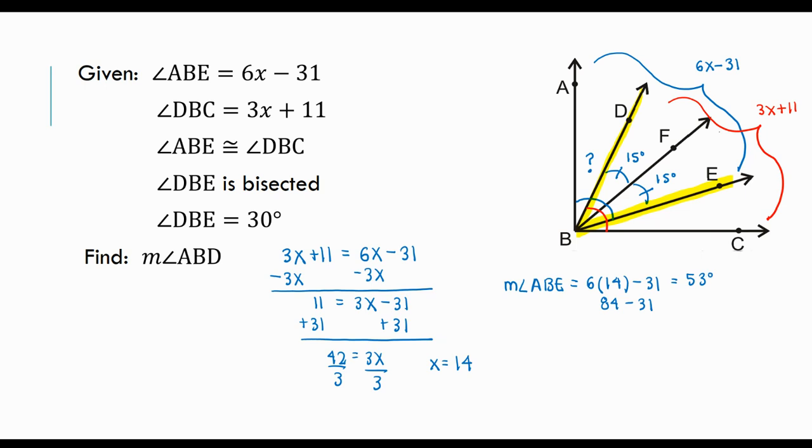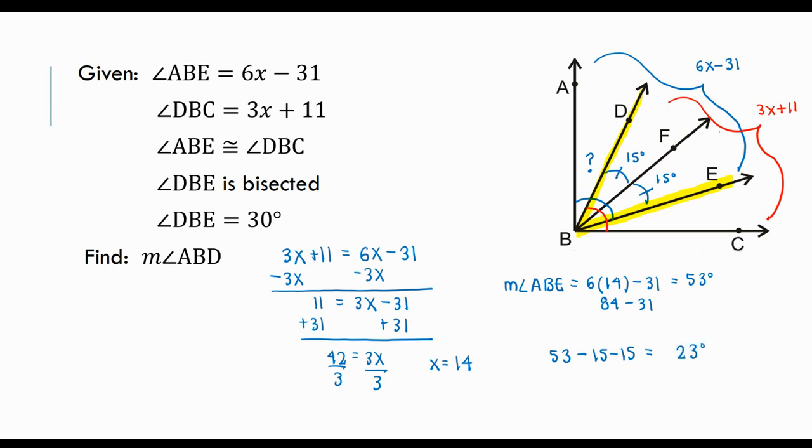Notice that angle ABE is not only 53, but it's made up of 3 smaller angles: the angle that I want, and then the 2 angles that we now know are 15 degrees. Using that idea of subtraction, because if I know a big angle and I'm trying to find something smaller, I want to subtract, I'm going to take that 53 degrees and subtract both of those 15s, or essentially subtract 30 from 53.